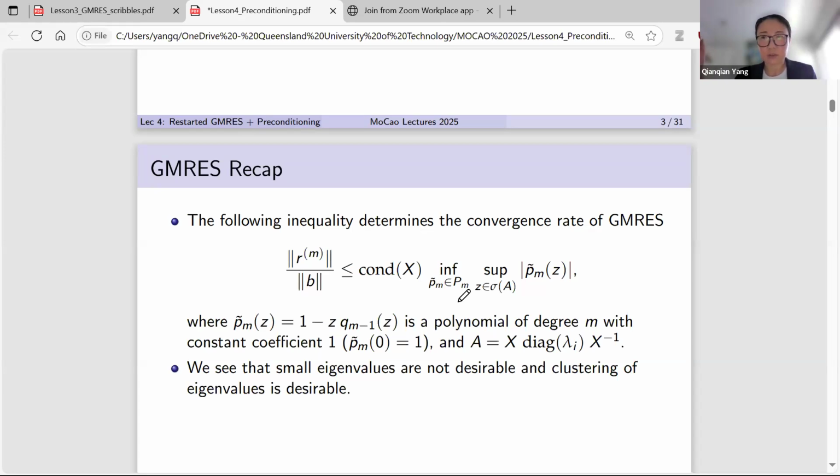In GMRES, if this polynomial's magnitude quickly gets down to 0 or something small as m increases, then you can converge very fast. If you can't do that, then you get slow convergence.